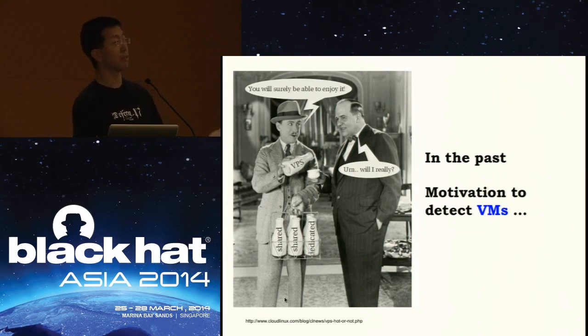Okay? And the prices are different. But from the end user point of view, when you get into a machine remotely, it's not obvious, at least, whether you're running on a virtual machine or on a physical one, or maybe you started with a physical one and later they migrated you to a virtual one. So that's one of the reasons, at least the legit reason, the end user wants to detect VMs.